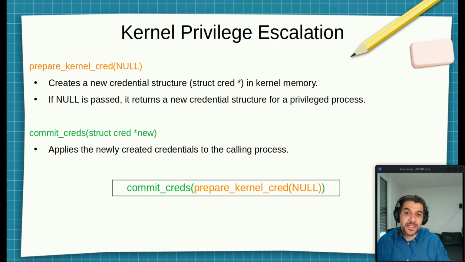And by the way, these two functions are legitimate kernel mechanisms used for authentication and privilege management. So now imagine if an attacker in the kernel space manages to execute this sequence, commit_creds of prepare_kernel_cred with NULL, that means the process is root now.